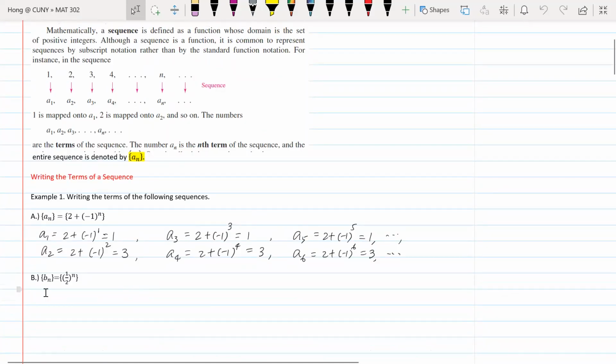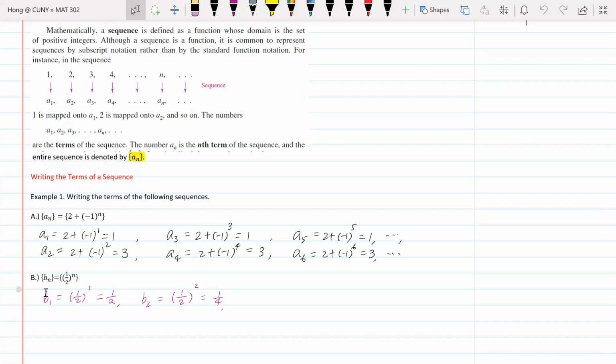The sequence b sub n is 1 over 2 to the nth power. B1 equals 1 over 2 to the first power, so it equals 1/2. B2 equals 1 over 2 to the second power, so it equals 1 over 4.